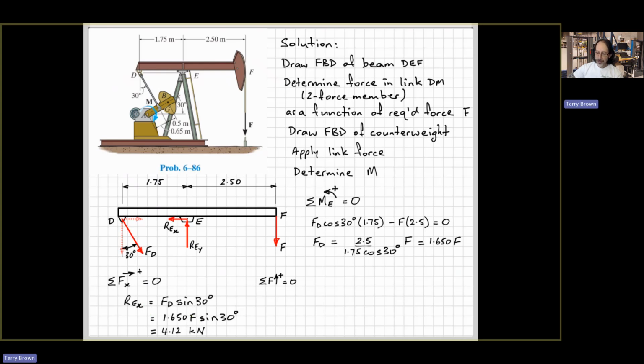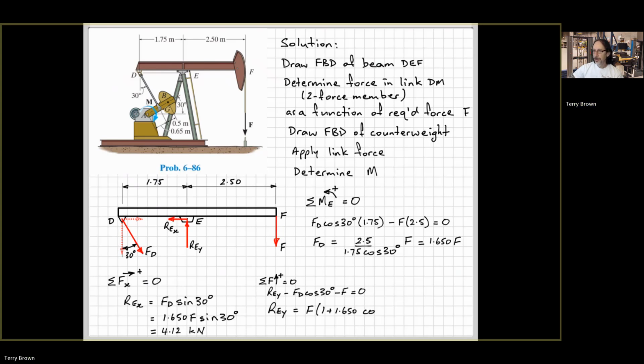And then the sum of the forces in the vertical direction equals 0. So we have our REy that we're trying to find. We have the vertical component of force FD, which we talked about before, so the cos side, the adjacent side to the angle, minus the force here, our known applied load.